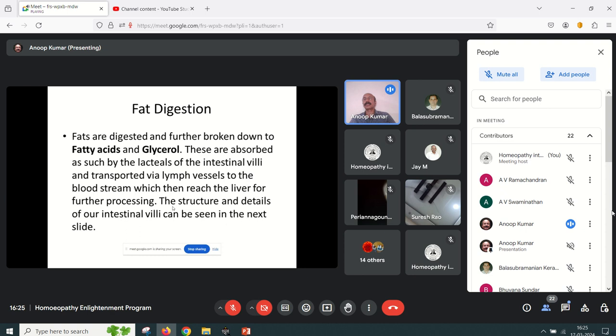We have seen the structure of intestinal villi earlier, and there is a lacteal, which will be in the center part of the villi that will be absorbing the glycerol and fatty acids directly and will be transported via lymph vessels to the bloodstream, which will reach the liver for further processing. The structure and details of the intestinal villi can be seen again.